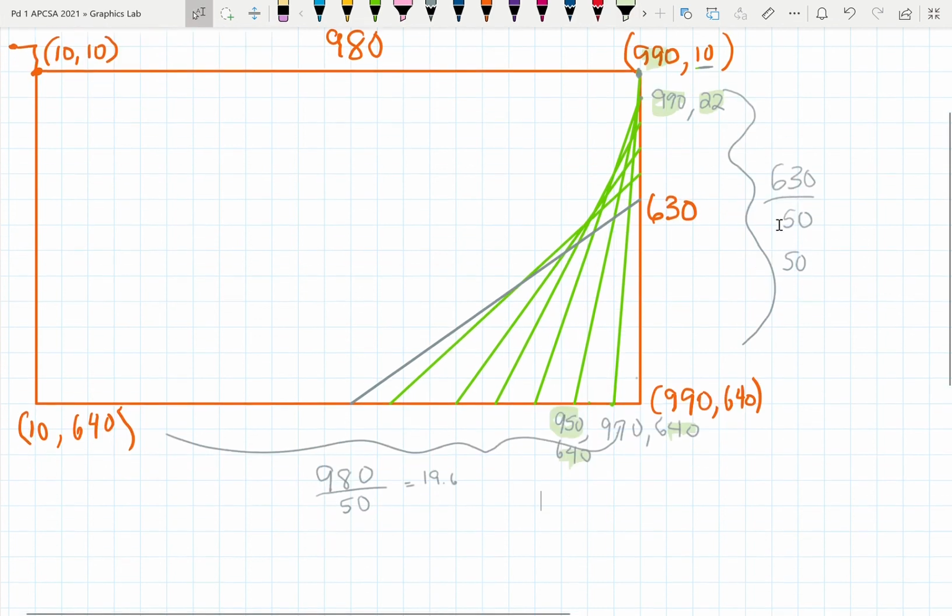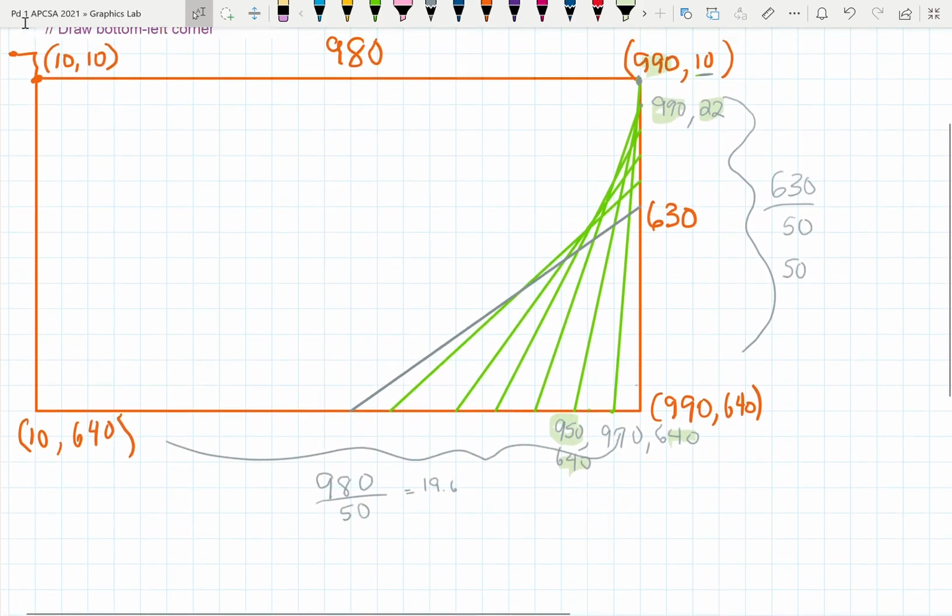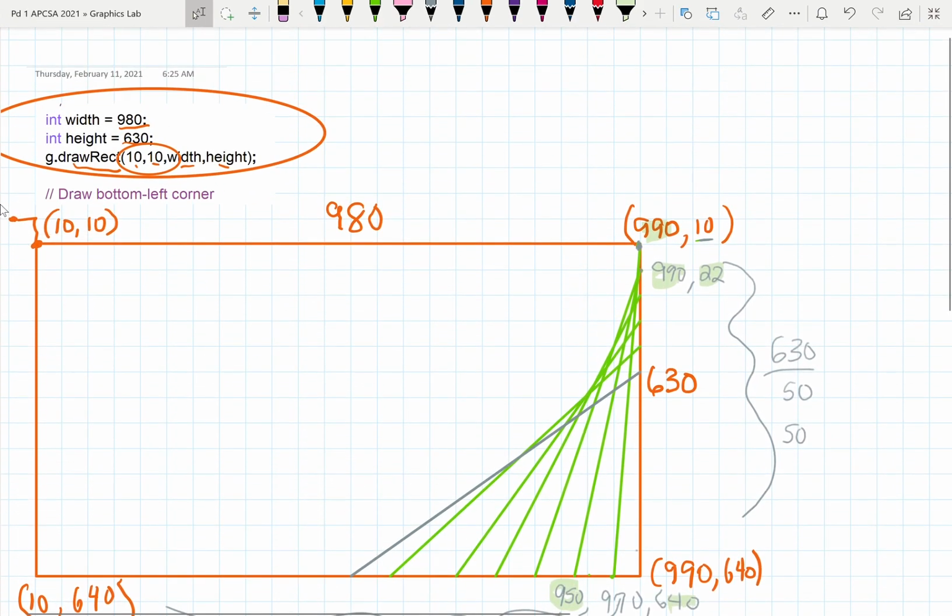So what the g.drawLine does, and g is just the object, so here I have g.drawRect, and if you notice there's an object g in parentheses when you look at the code that you were given. So if I do a g.drawLine, and again g is the object, drawLine is the method, it's going to connect two xy pairs.